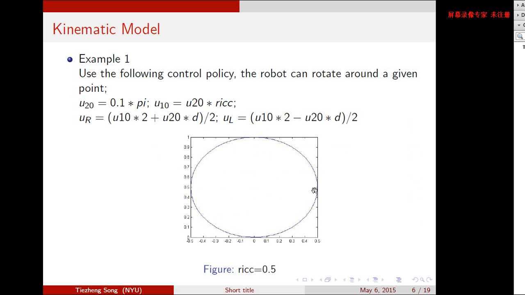In this example, following these control policies, the robot will move around a point with a radius equal to 0.5 meters.